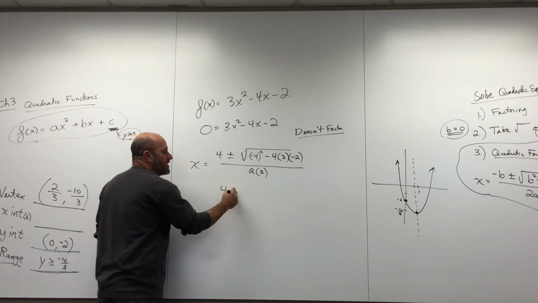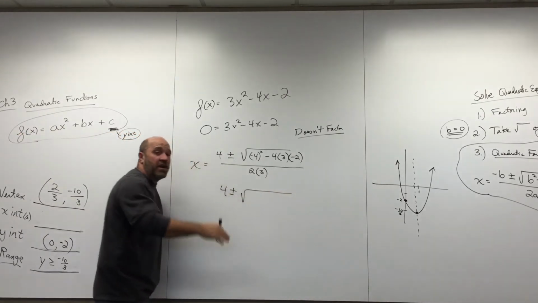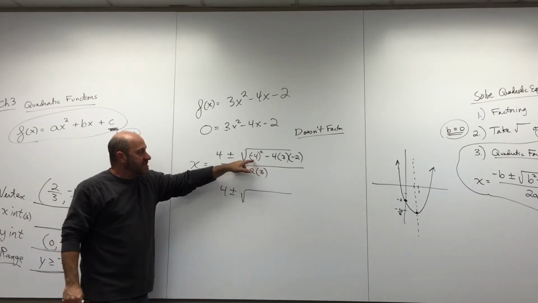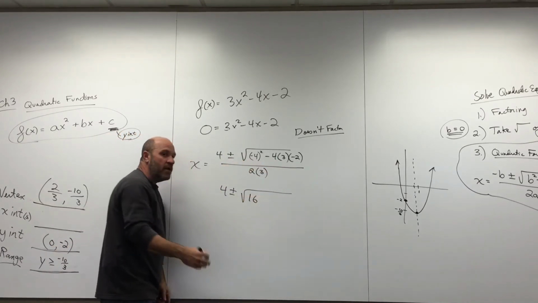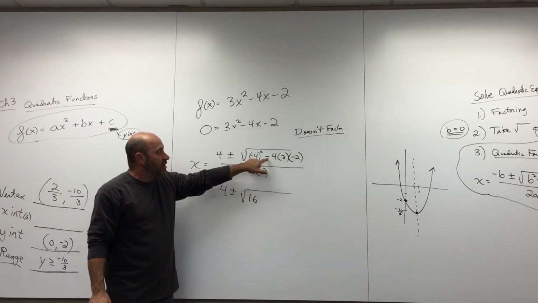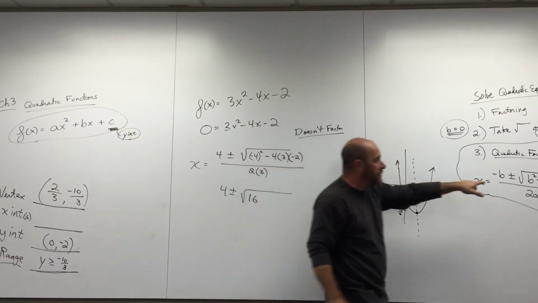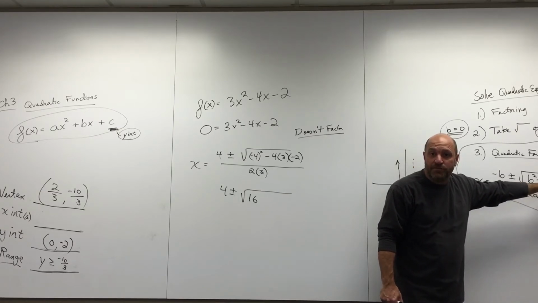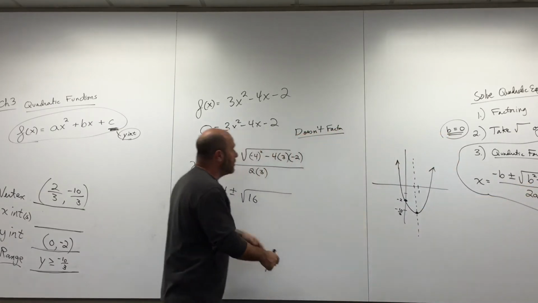This is 4 plus or minus. Listen, most of your mistakes come from cleaning up right in here. This is a 16. The formula says you're subtracting, but sometimes you're subtracting a negative number, which makes you add, and that's what I'm doing here.